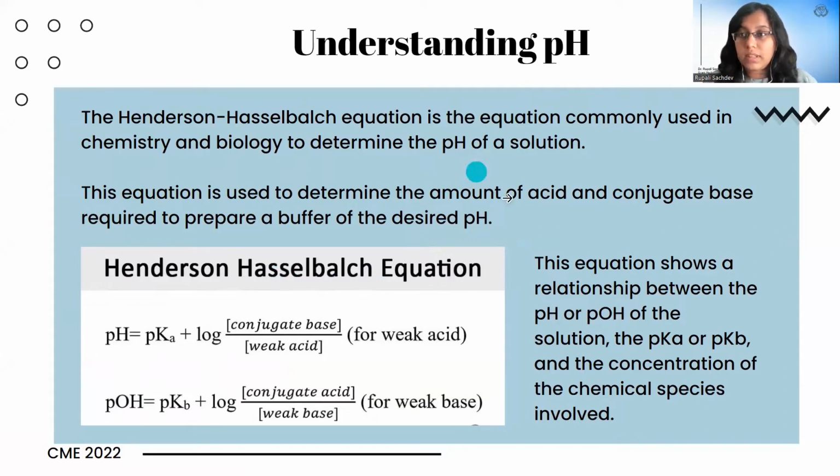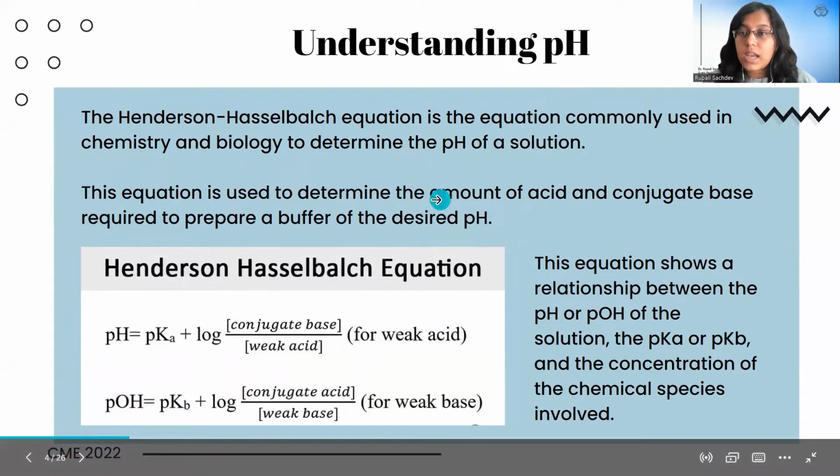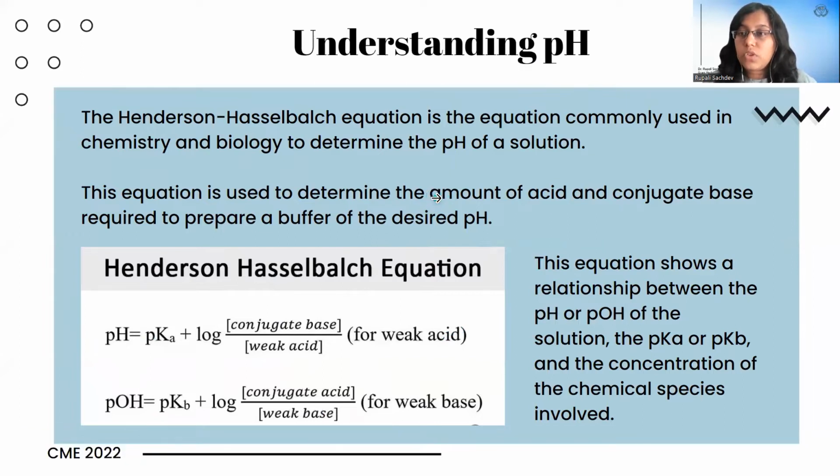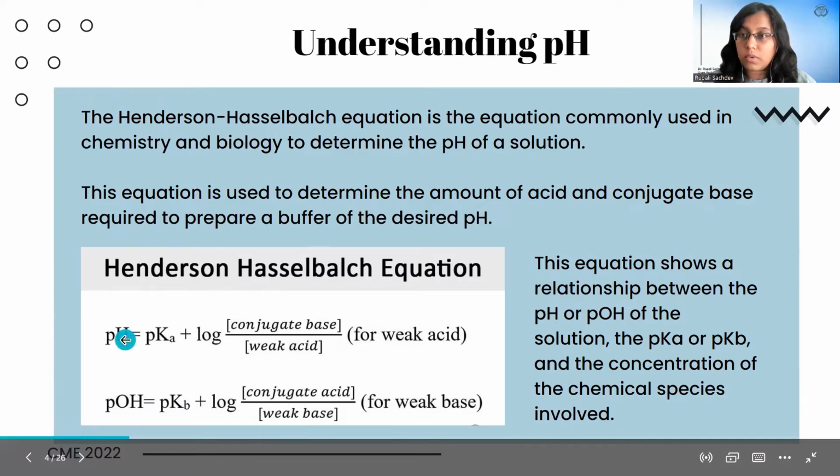Now I'm sure 11th mein bhi ye padhaya tha, 10th mein bhi padha tha. This equation is very important in chemistry, especially in biochemistry, because your body is made up of different fluids and electrolytes and molecules and components. All of these have different acidic values, different basic values, different pH values. Toh woh pH ko neutralize karna hota hai aapko.